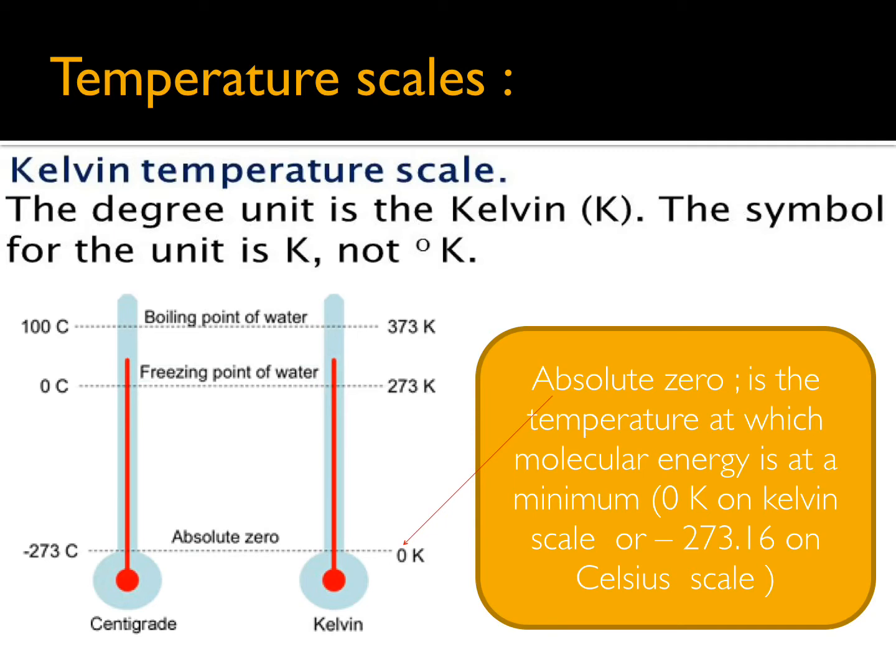So you can say absolute zero, about minus 273 degrees Celsius, is the temperature at which molecular motion, the motion of the molecules, stops. It is not possible to actually reach absolute zero, although temperatures very close to 0 Kelvin have been reached in laboratories.